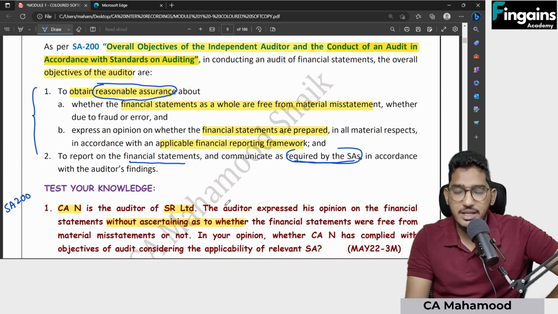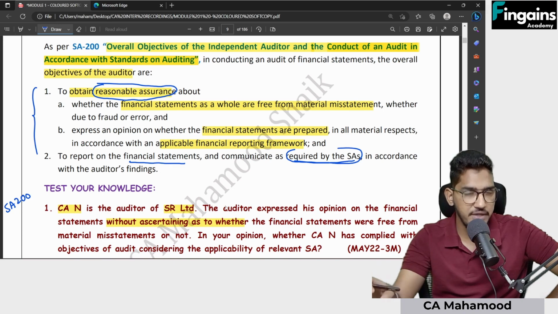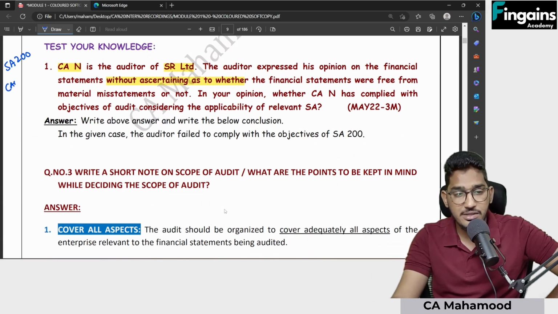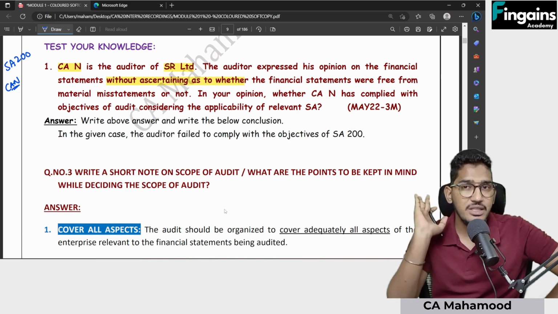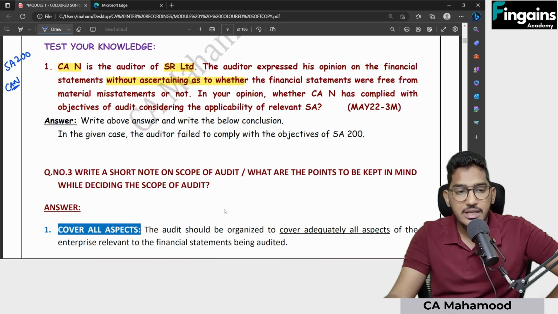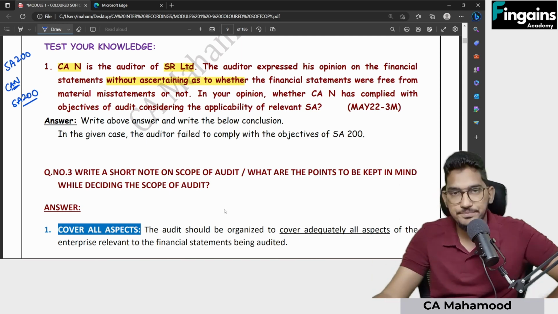Because SA 200 has clearly told that the auditor has to obtain reasonable assurance whether financial statements are free from material misstatements. But in the question they are saying CAN has expressed the opinion without ascertaining whether financial statements are free from material misstatements. So which objective was violated? SA 200's objective was violated. The auditor did not comply with the objective of SA 200.